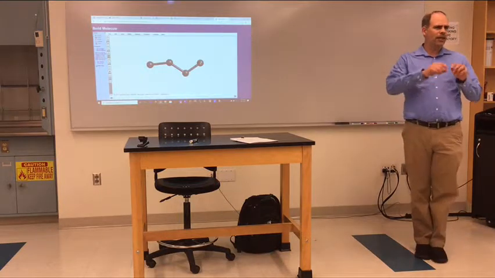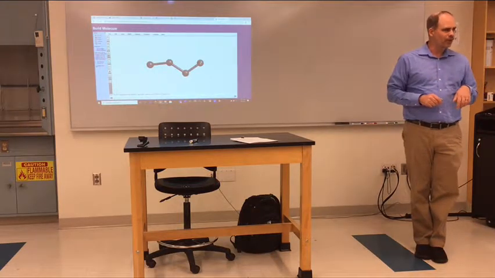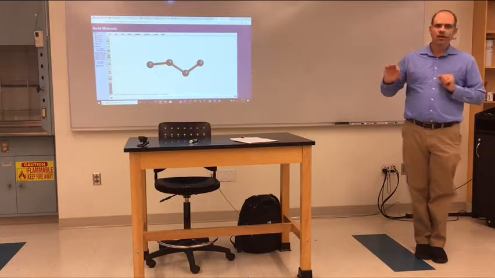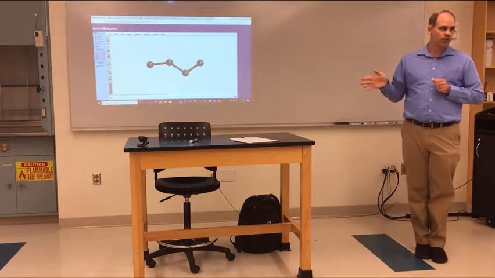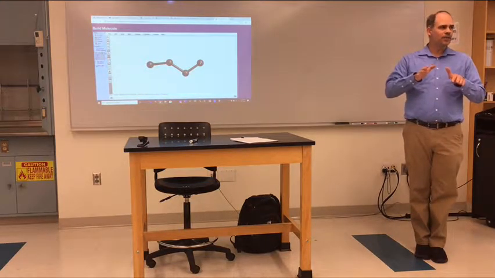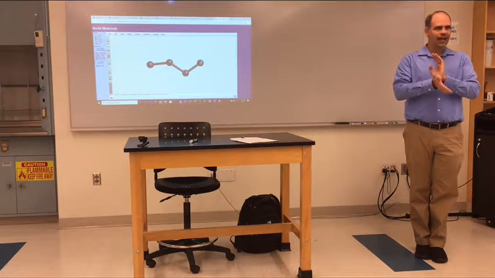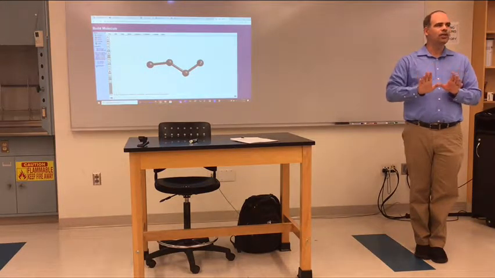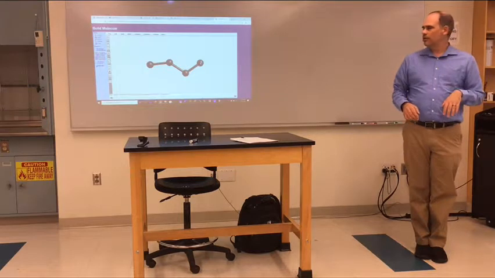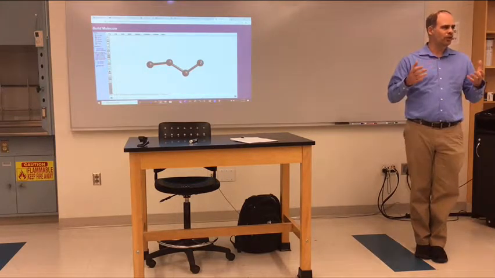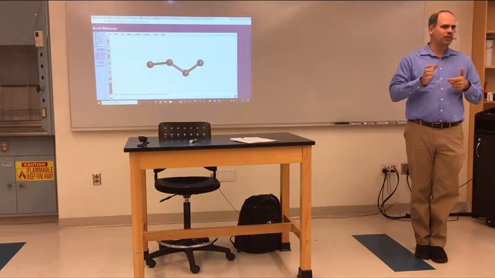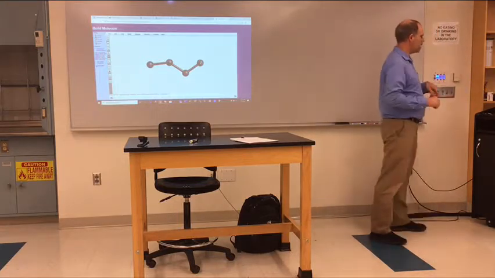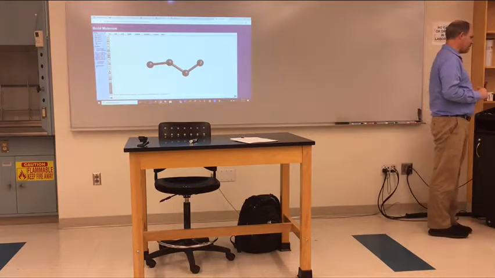So you don't have to get it perfectly 109.5 degrees and do all that fancy stuff. It will take care of that for you. Once we do that optimization, if we want to look at a particular angle, we can manually adjust it afterwards. But generally, it's best to first build your molecule, hit the optimization button, and then futz with it afterwards. Okay, so right now we've got C4.